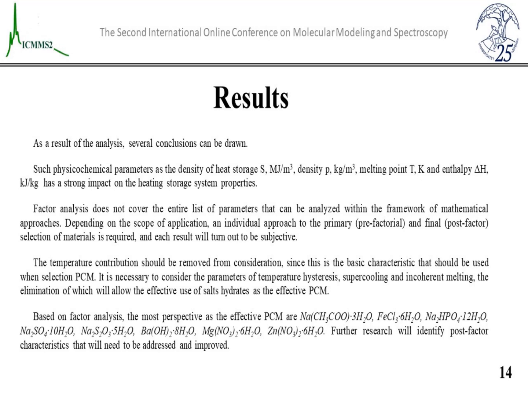The rest of the materials have high enthalpies of melting, but also have high supercooling and incongruent melting, so further use in the pure form is difficult, and further research is focused on finding additives that improve the characteristics of salt hydrates.